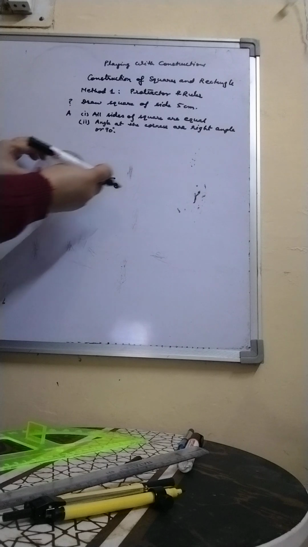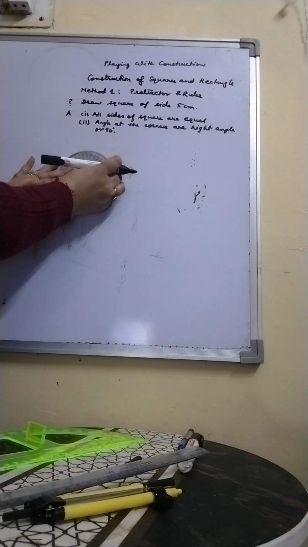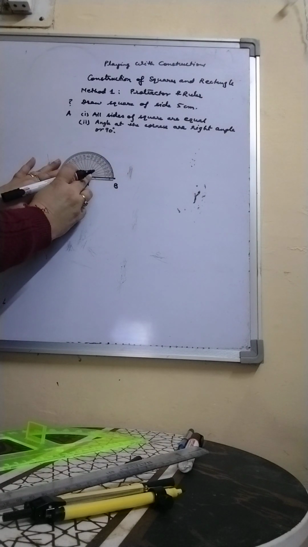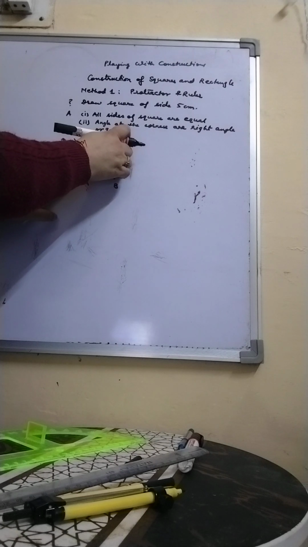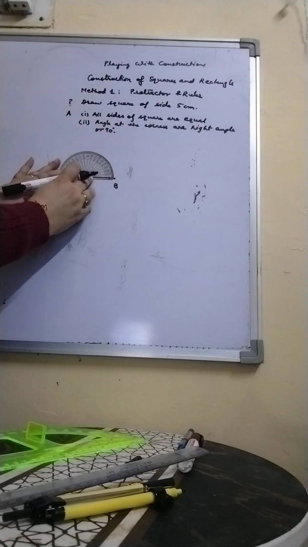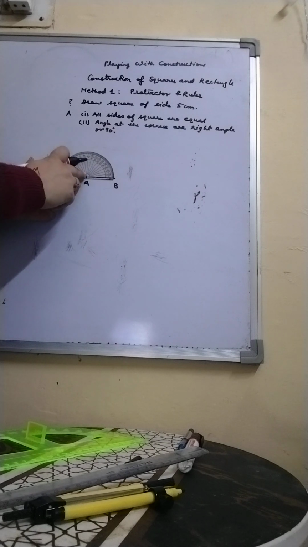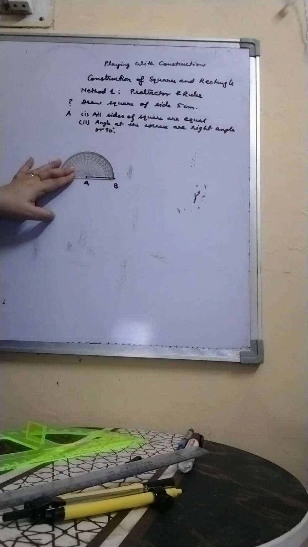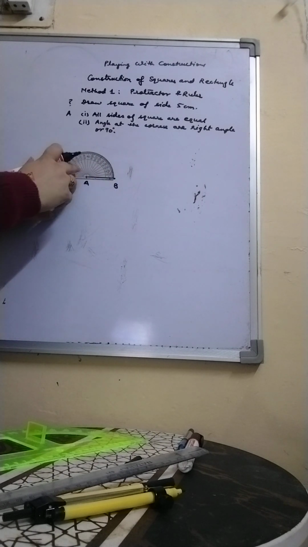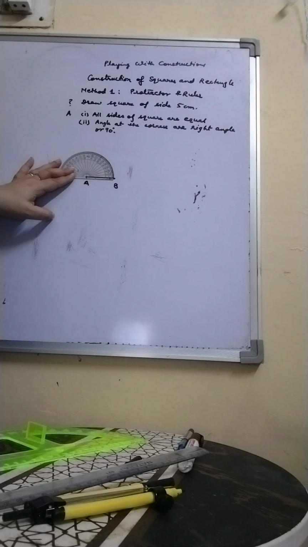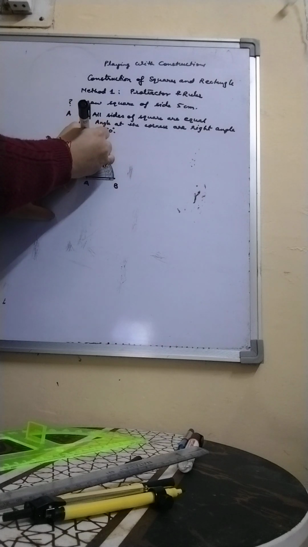So I will put the center of the protractor at the zero line and center at the vertex. A and B become vertices now. So you align the line of the protractor with the line segment AB and put a 90 degree angle.